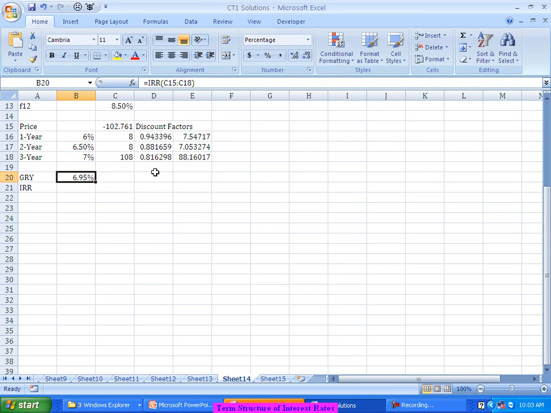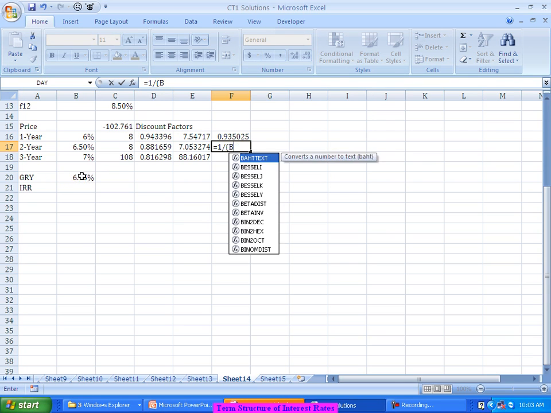What does this mean to us? If, instead of taking 6, 6.5 and 7 for 3 years, I take the discount factors based on 6.95 for each of the years, all the years the same 6.95%. This is the discount factor based on 6.95 for 1 year.